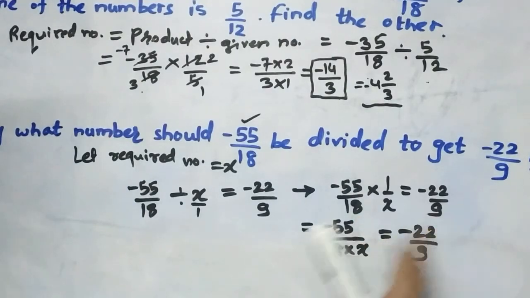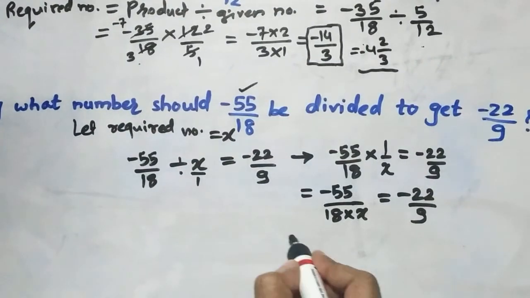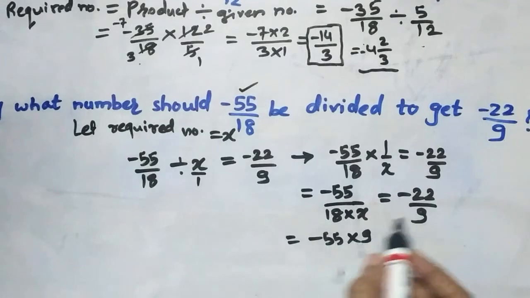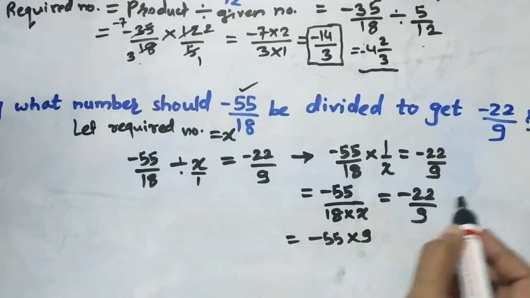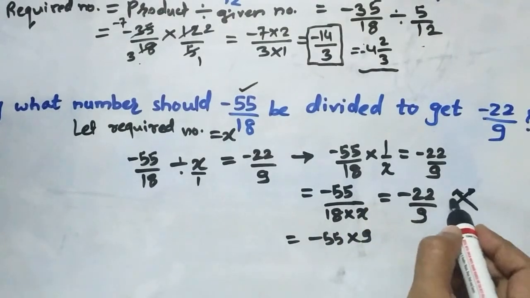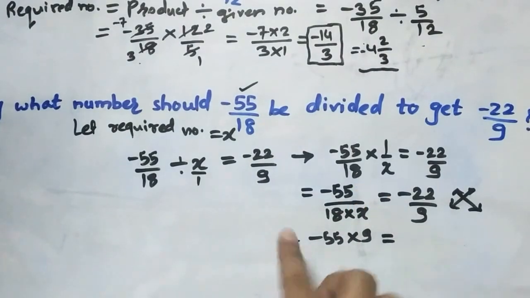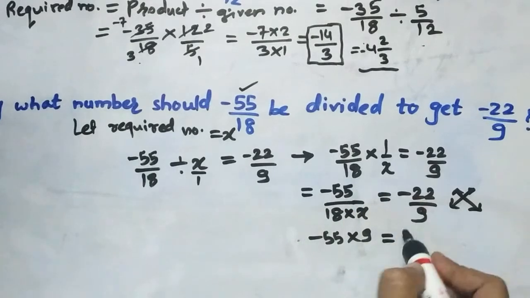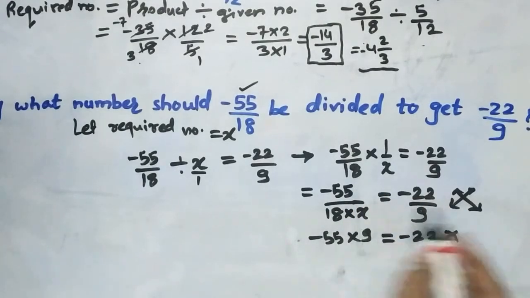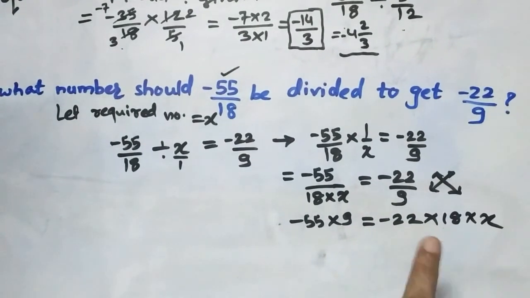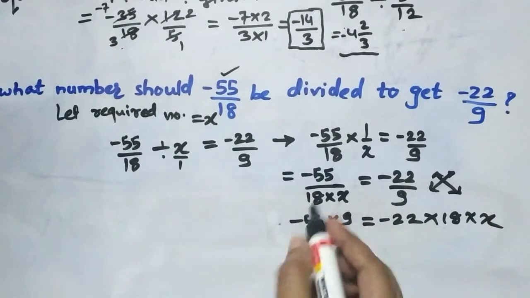Friends, just do the cross multiplication here. So we'll write minus 55 into 9, which is equal to minus 22 into 18 into x. Afterwards, friends, these are multiplications, we'll take them downside.